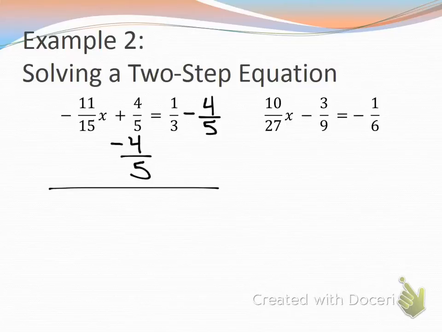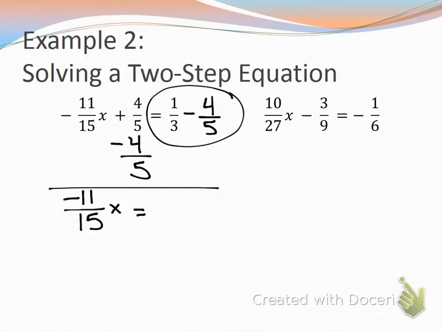All right, and now I get negative 11/15 x equals, but wait. Look, guys, look up here. Can I do 1/3 minus 4/5? No, I can't. What do I need? An LCD. So what would my LCD be? 15. And then I keep my subtraction sign and a 15. I want you to try to figure out what your numerators would be.